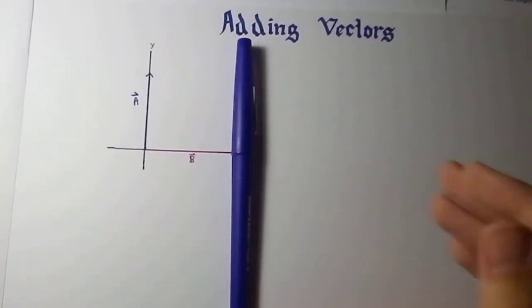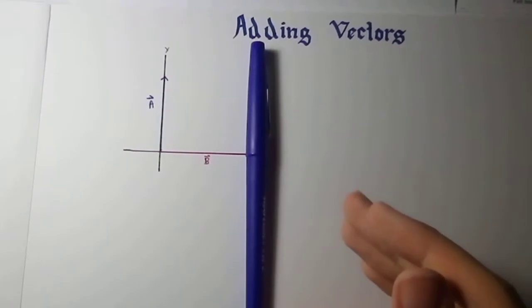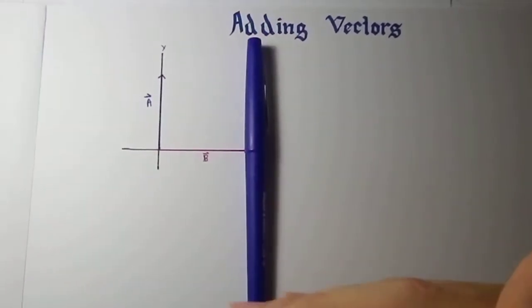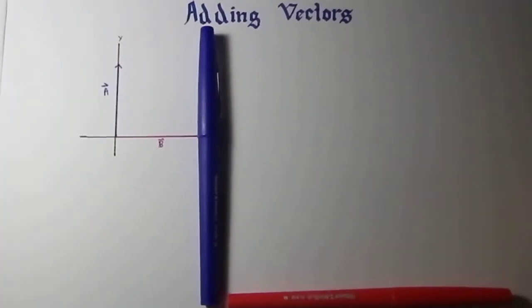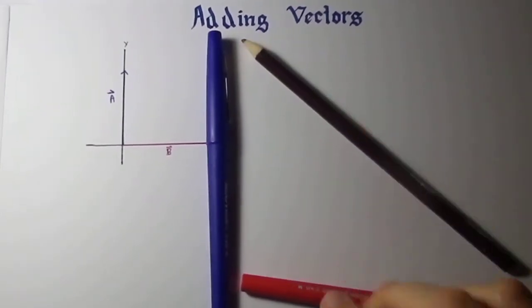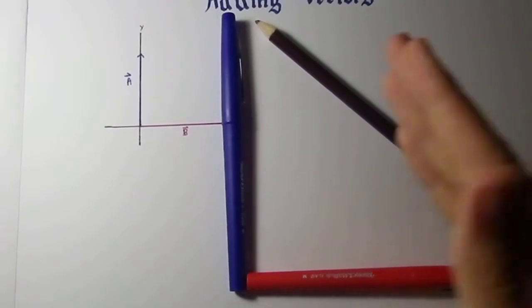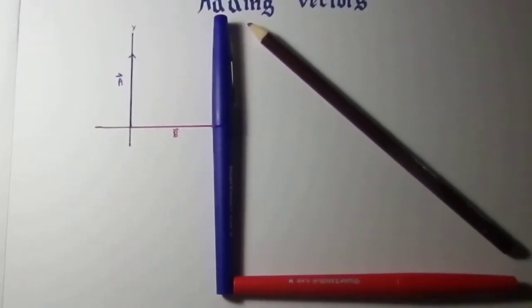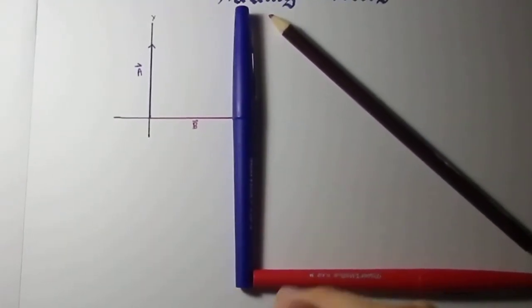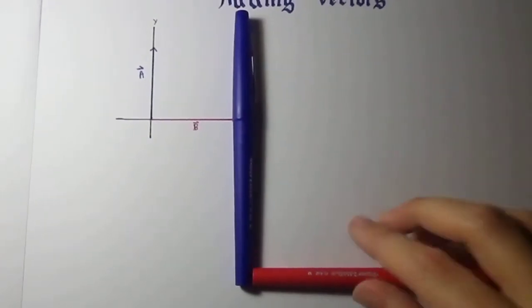When you work with adding vectors together and creating perpendicular angles, you're going to have what's called a resultant vector. Now you might say the magnitude of the resultant is going to be the Pythagorean Theorem. Well, that's half right, but you have to set something up first.